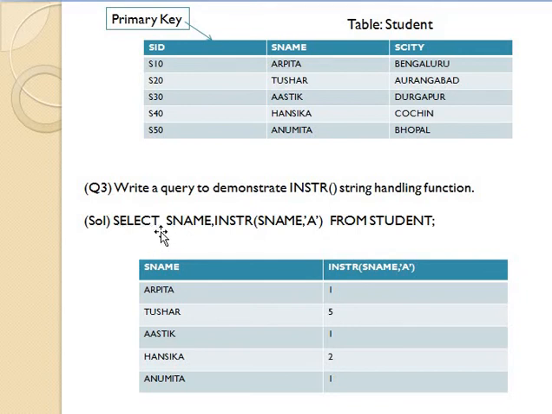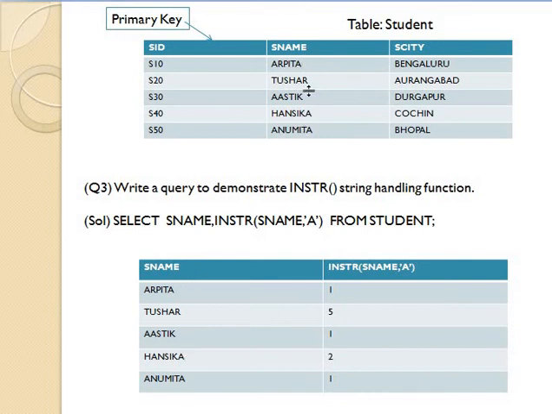The query says select sname, instr(sname, 'a') from the table student, followed by semicolon. Then if it selects sname from the table student, it's going to display the column sname into the output table with each of these entries starting from Arpita till Anumita.